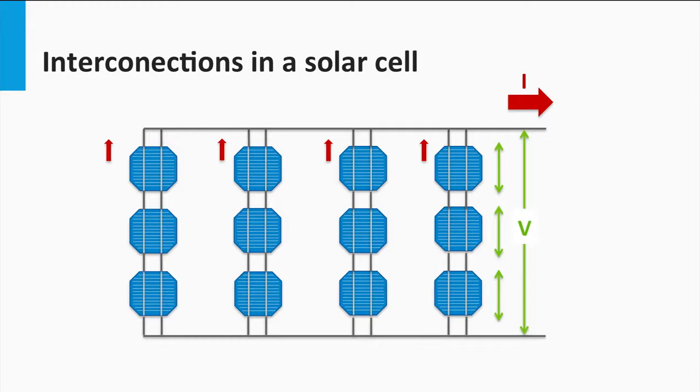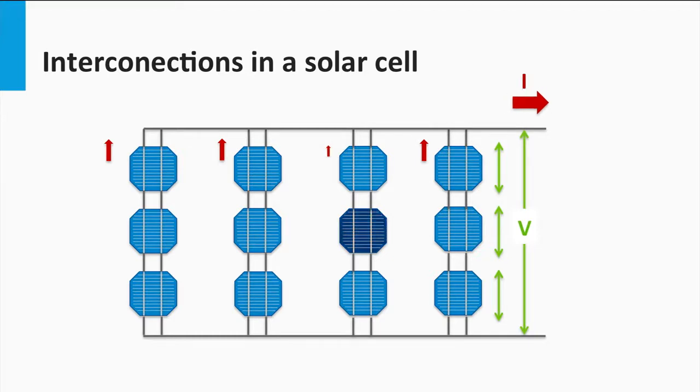We know that cells are connected together using interconnects. Although a very small amount, resistive losses occur in these interconnects. Also, there might be a small mismatch in the cells that are interconnected.